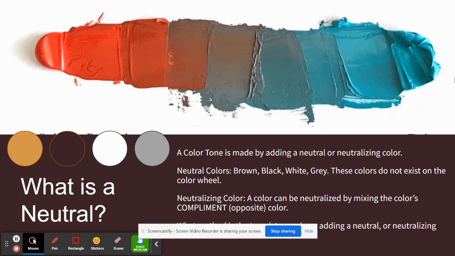If you look at the picture up at the top, tell me what method is being used to make this neutral tone in the middle. In this big picture at the top, are they adding a neutral color to the red, or are they adding a neutralizing color to the red? So is it neutral or is it neutralizing? How are they getting that tone there?